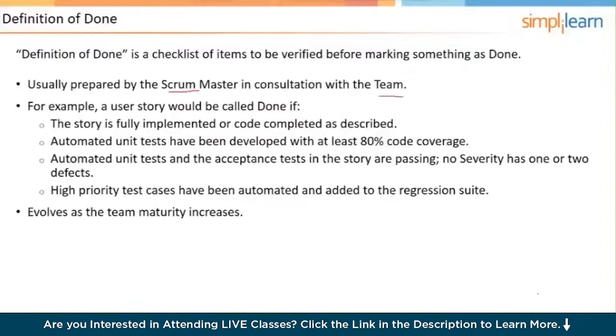That is, I would modify this slightly. The definition of done is really driven by the team. The Scrum Master is never a decision maker. If you have a Scrum Master that's saying we have to have this in the definition of done, then that's an infringement on the empowerment of the team.